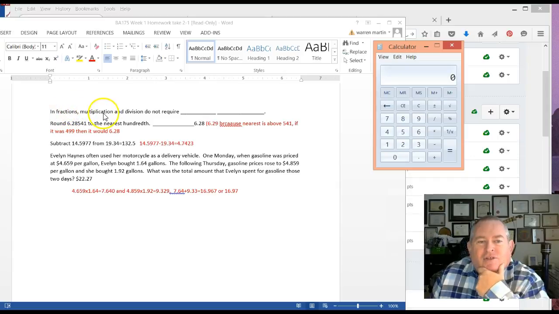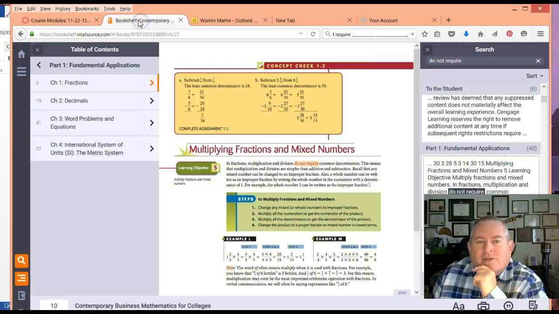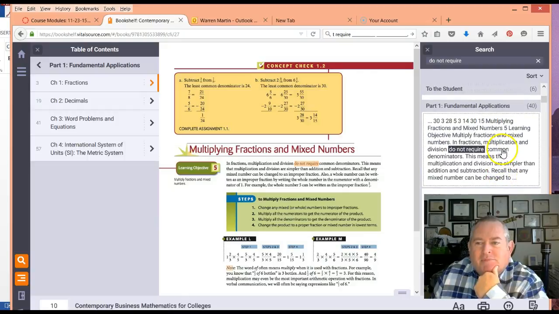One of the questions was about fractions: multiplication and division do not require what? There were a couple of variations on that answer, but the correct answer was the common denominator. That's found in the text, on page 40 or so, depending which version of the book you're looking at. I typed in "do not require" and it pulled up some options, and I found it.